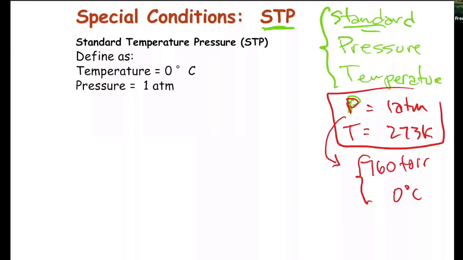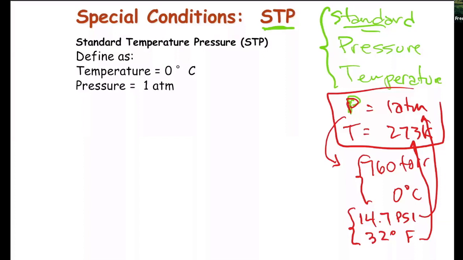Let's say we want to do this at 14.7 psi and 32 degrees Fahrenheit. All of these are STPs, because 14.7 psi is 1 atmosphere and 32 degrees Fahrenheit is 273 Kelvin. Even though they have different units, these are all standard temperature and pressure.